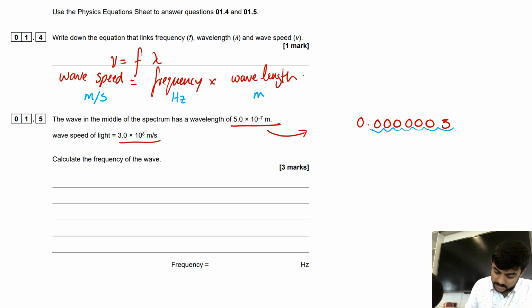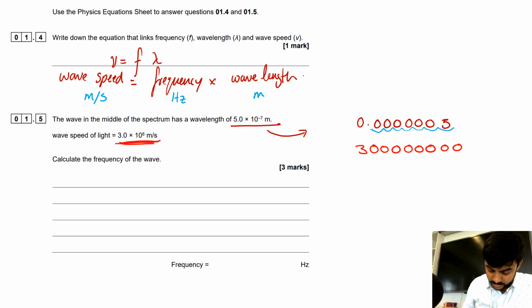And this number will be 300,000,000, and the decimal point has moved 8 times. However, we don't need to do any of that. We can just put it into our calculator to find frequency.